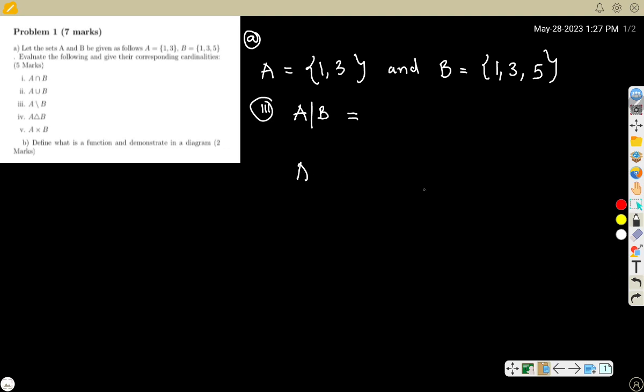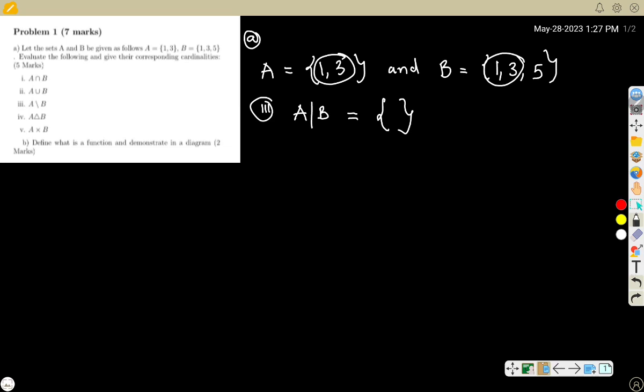So what element can you see in A that is not in B? There is no element in A that is not in B, so it's the empty set. Because I have 1 and 3 here, I also have 1 and 3 here.